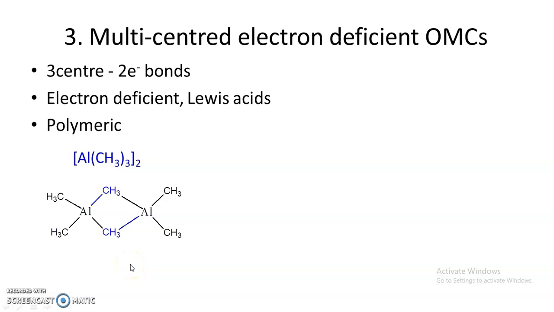Bridging bonds are normally 3-centered 2 electron bonds. This aluminum, methyl, aluminum is a 3-centered 2 electron bond. So trimethyl aluminum exists as a dimer, there are two bridges, and the bridge bonds are 3-centered 2 electron bonds.